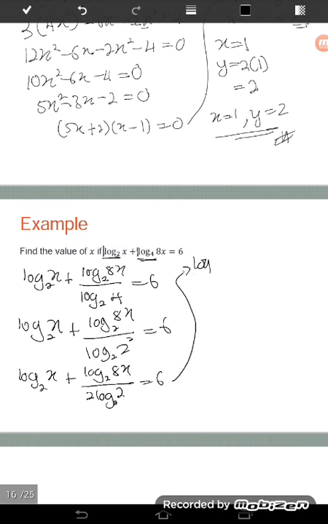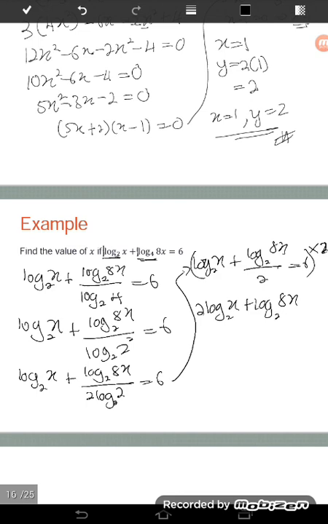So I have here log x base 2 plus log 8x base 2 divided by 2, which is equal to 6. And then cancel the denominator by multiply all of this one by 2. Okay, so kita darabkan dengan 2. So log x base 2 times by 2, so we have 2 log x base 2, and this one cancel, become log 8x base 2, and then 6 times by 2, which is 12.